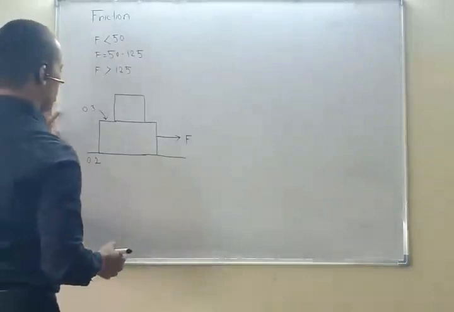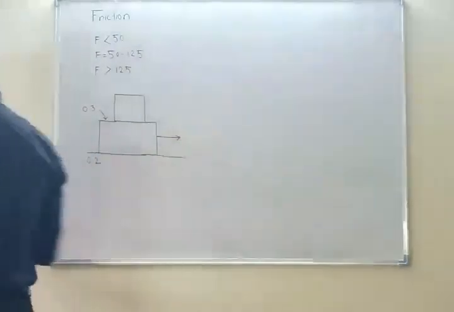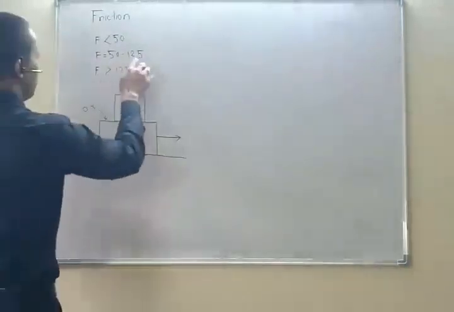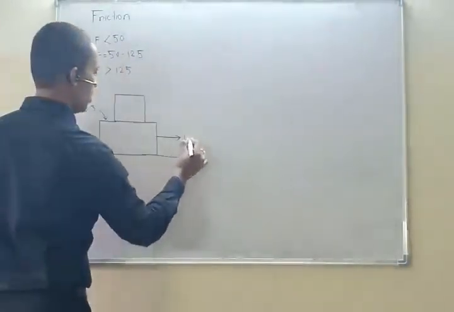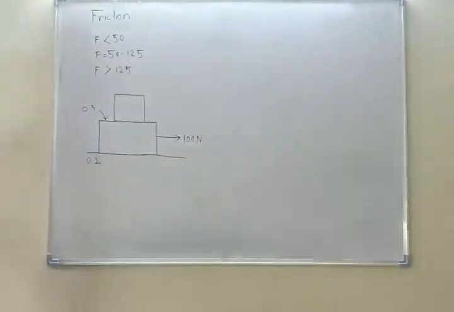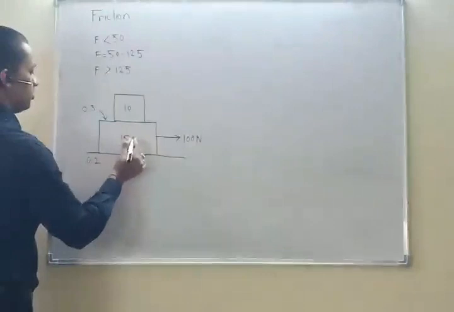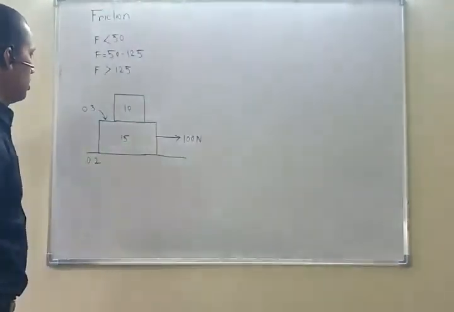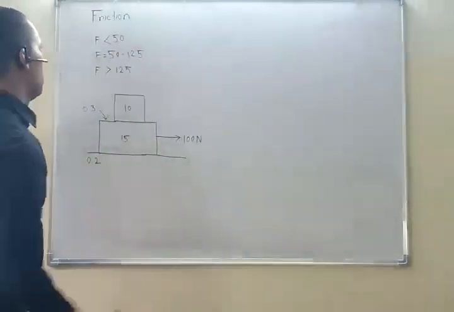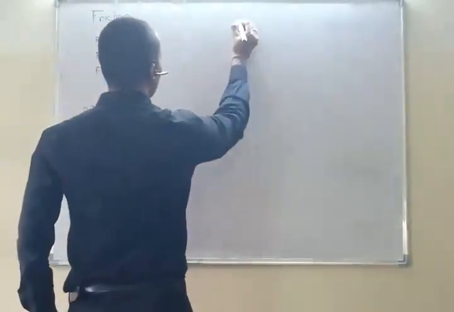Now I am giving this F to be in this range, in between 50 and 125. Suppose this is 100 Newton. What will happen? Then A is 10, this is 15. Clear?